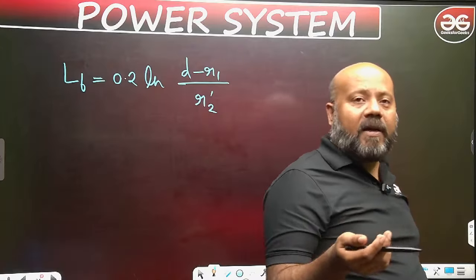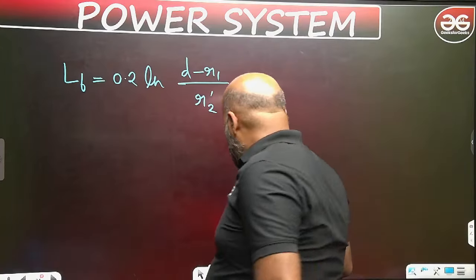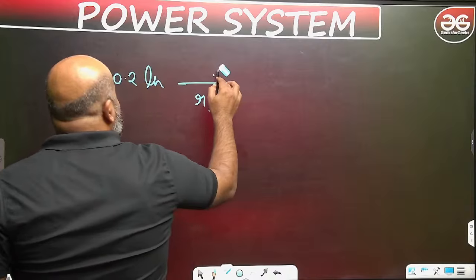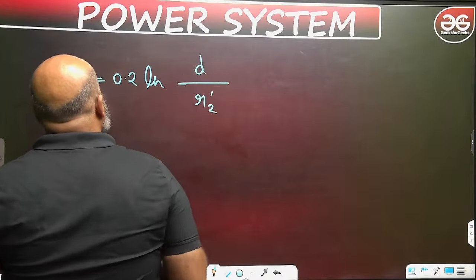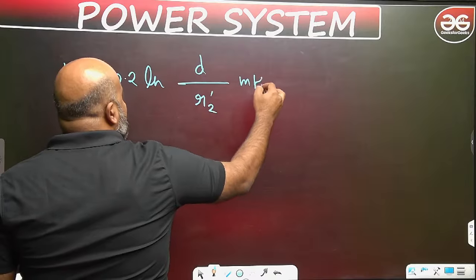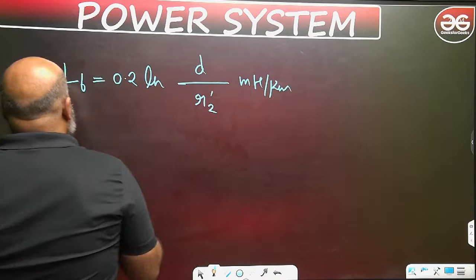So simply we are writing D. So it is not D minus R1, it is D. And again, this is millihenry per kilometer.